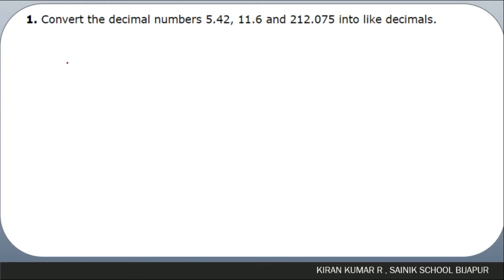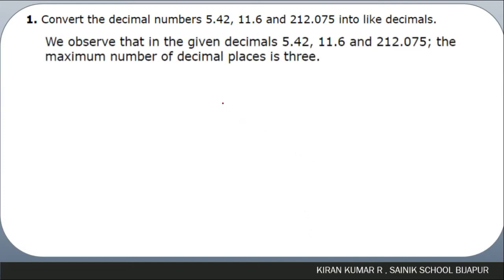First example, convert the decimal numbers 5.42, 11.6, 212.075 into like decimals. Here we observe that the maximum number of decimal places is 3, which is there in 212.075.